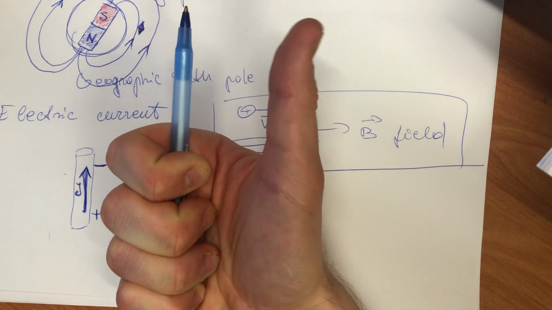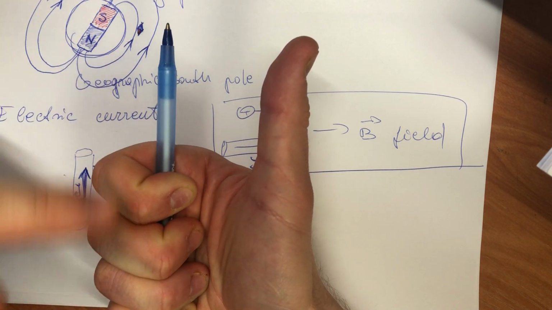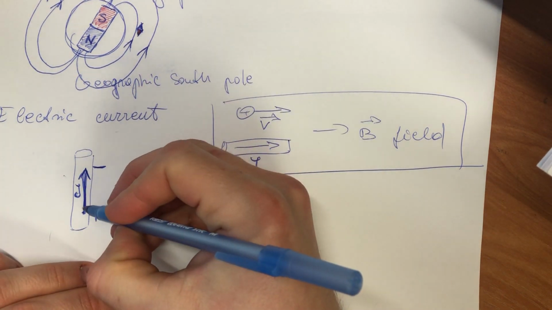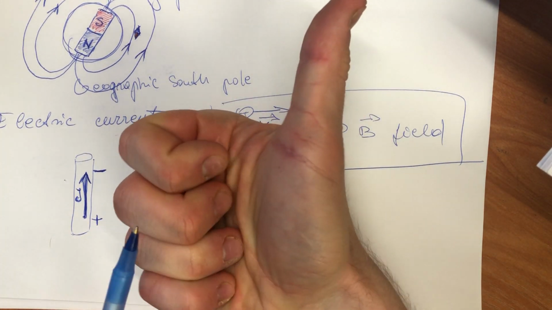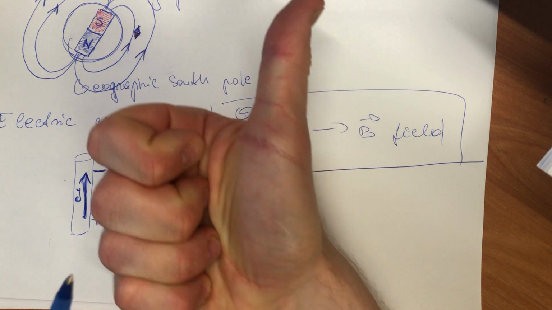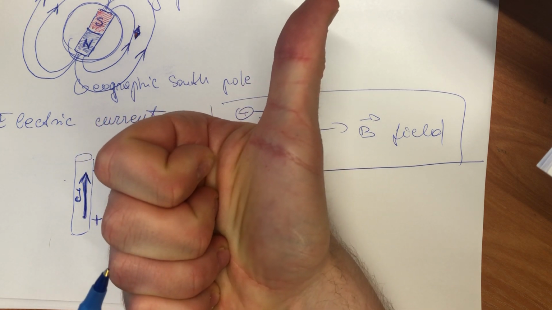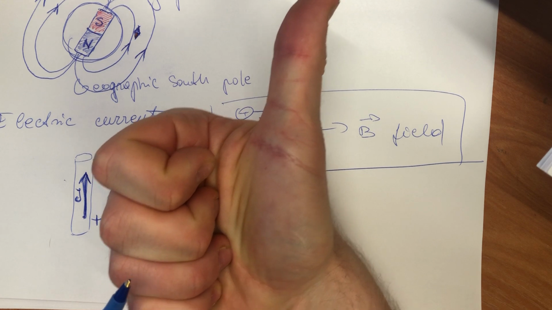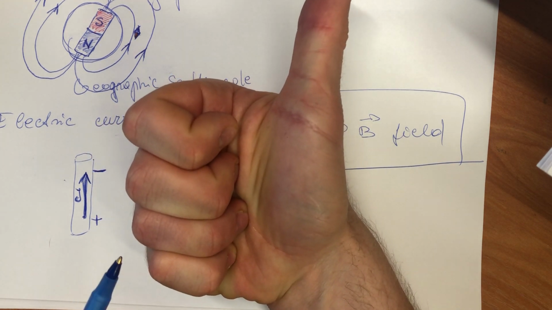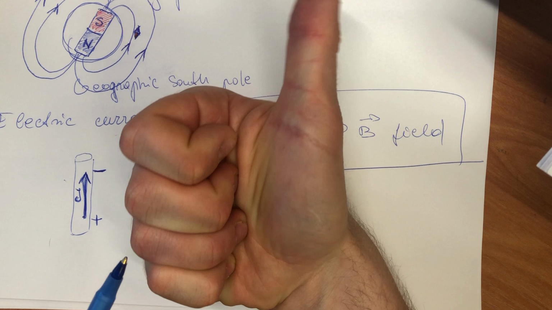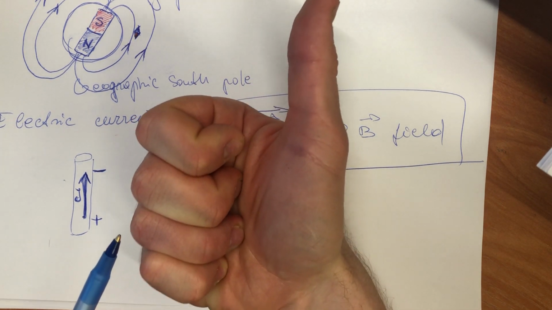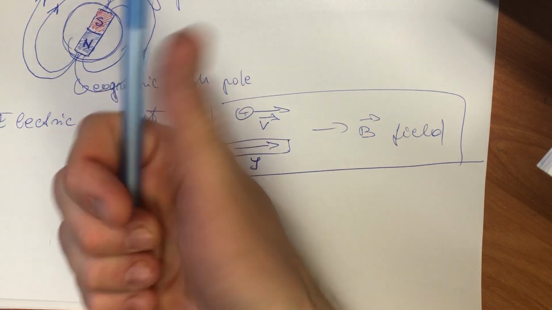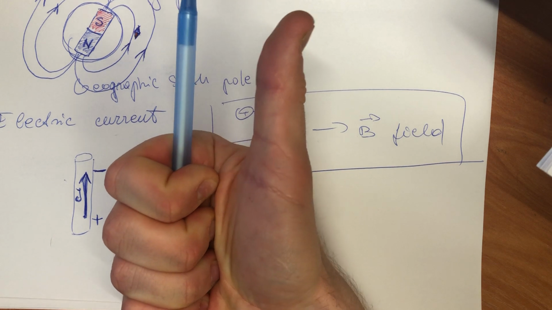So current is flowing upward, like this. And the fingers show the direction of the magnetic field. You don't need to hold the wire in practice, it's just saying it like that.